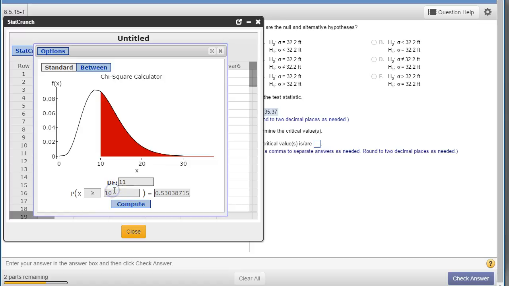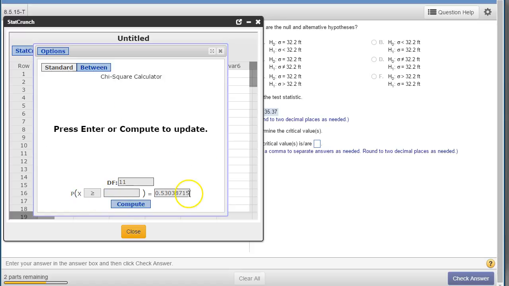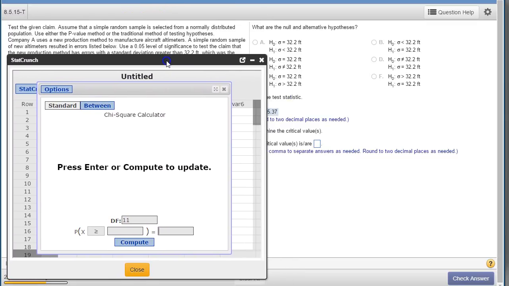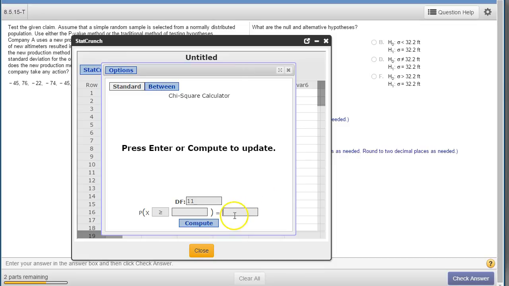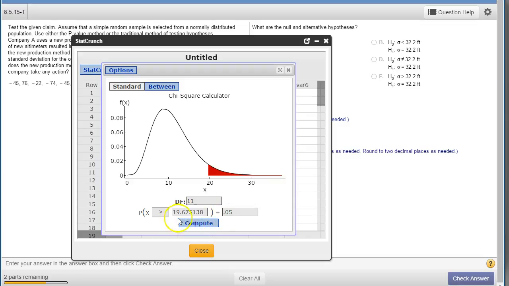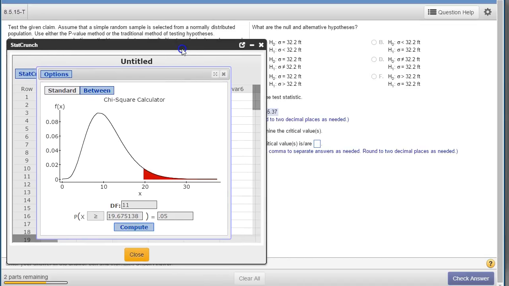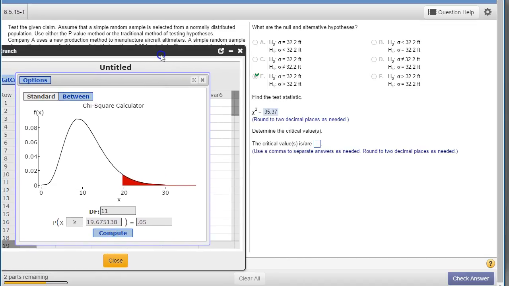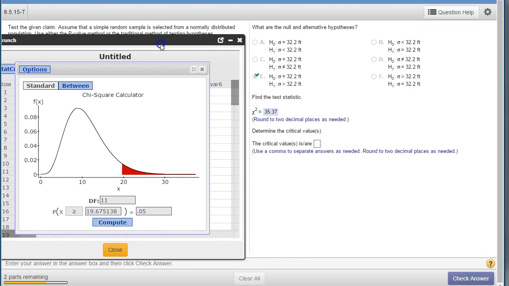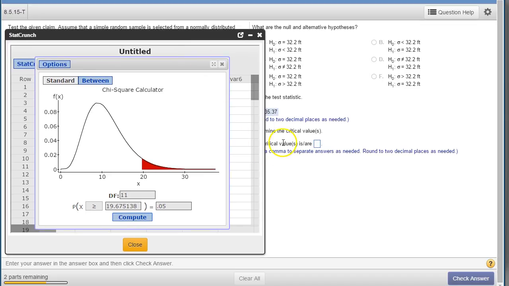I'm going to delete this. And over here is our level of significance. In the right tail, we want 0.05 as our level of significance. When I hit compute, it tells me the number that has that for that degrees of freedom: 19.675. To 2 decimal places, that's 19.68.